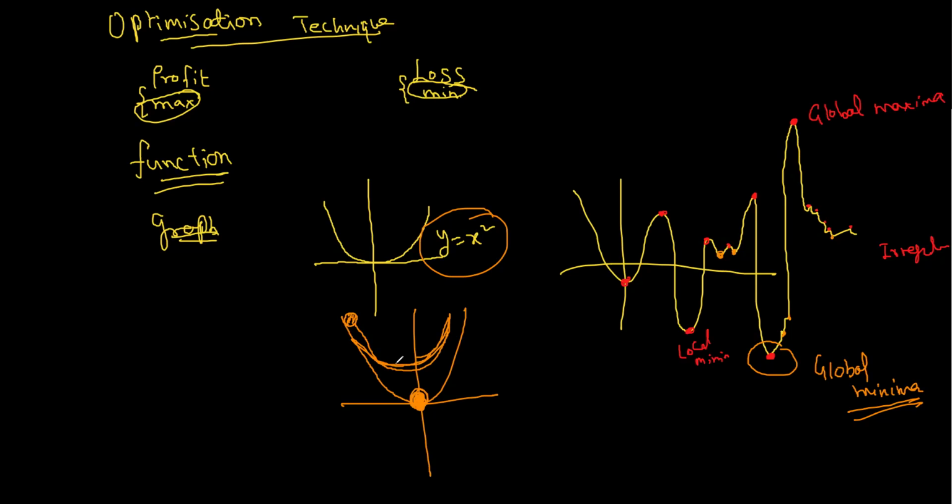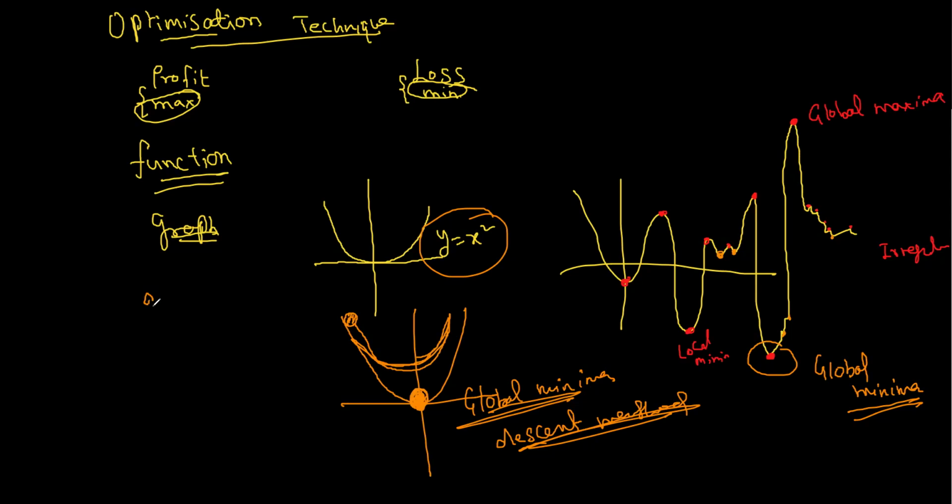So you can see when a ball is rolled in a parabola shape, you will always get global minima. And this is called descent method. You will learn it in the second chapter. So graph is very important for optimization.